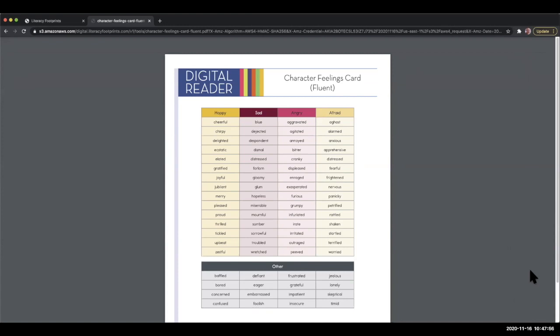Everybody is coming up with the same ones. Bella, I can't read yours unless you put it closer, sweetie. Hopeless. I like that too. Blue, disappointed. Blue would have been one I would have picked this time. Miserable. Good job. We all have the feeling down.